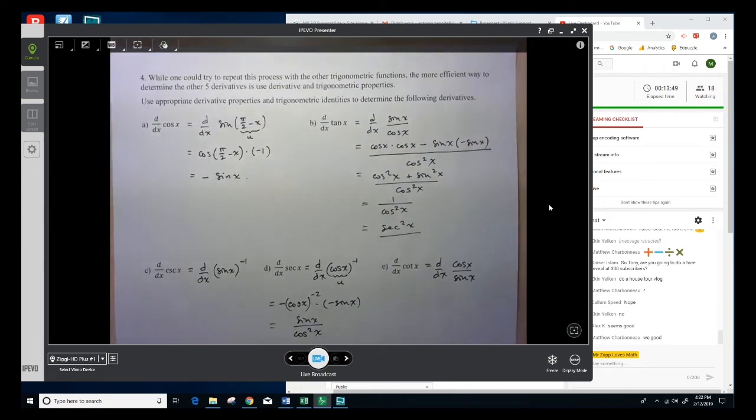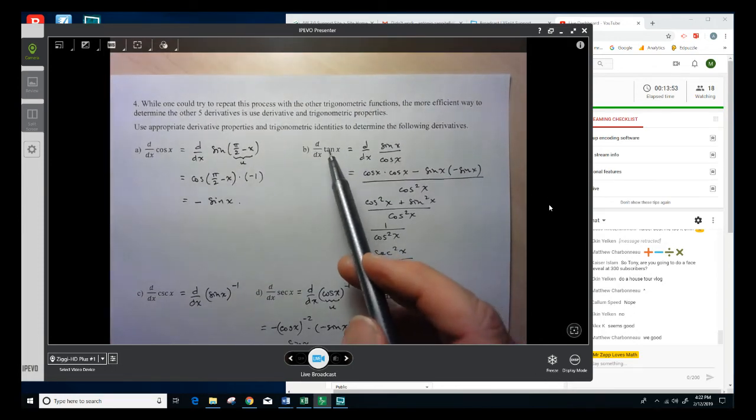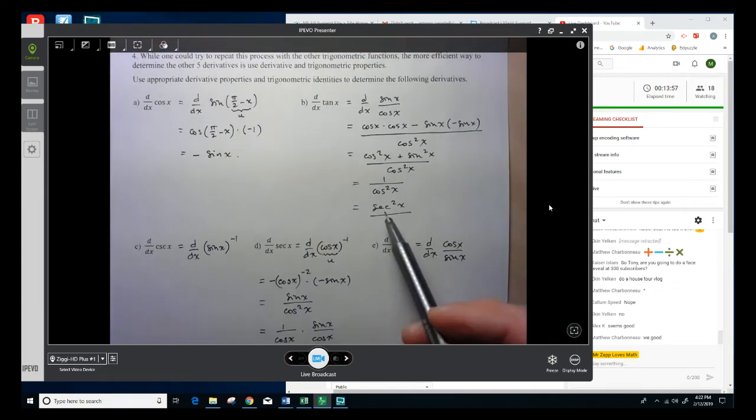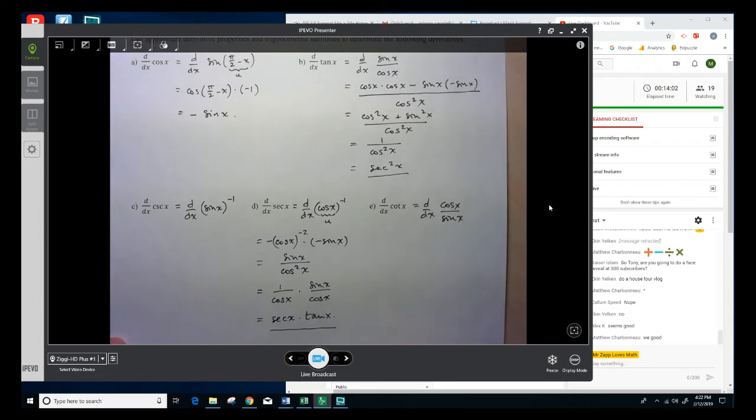But hey, remember there was a relationship already between tangent and secant. The derivative of tangent was secant squared. Okay, so we see here that this helps us hopefully to memorize these derivatives. Now, if you do cosecant and cotangent, you're going to see that something very similar happens. Okay, there's a little bonus that's going to show up. Okay, but you're going to get a very similar relationship between cosecant and cotangent.